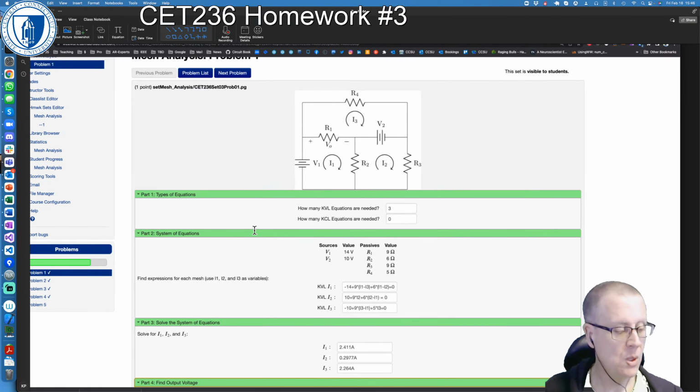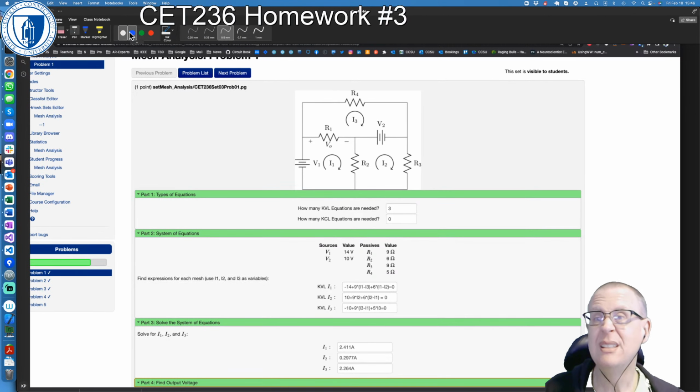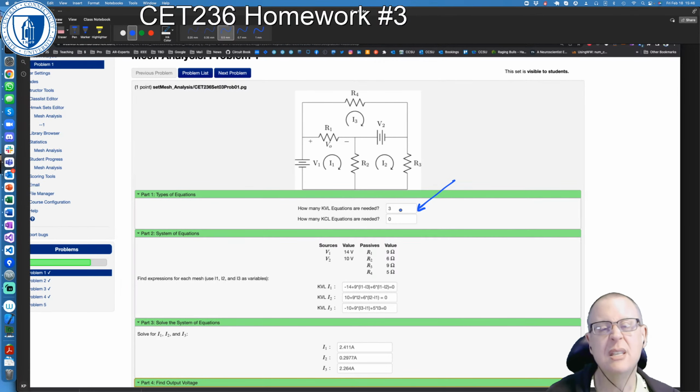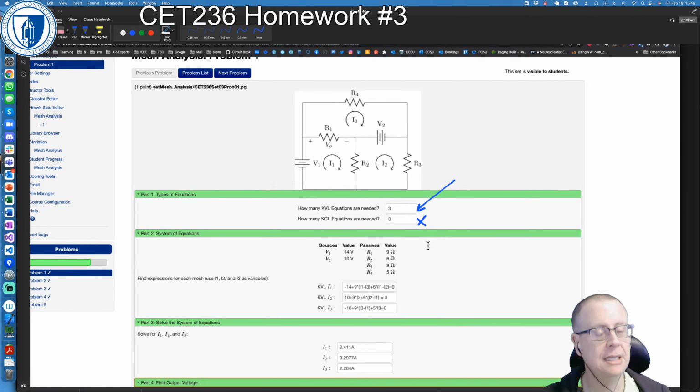So for the first one, all we need is, there are three meshes, so we need three Kirchhoff's voltage law equations and no Kirchhoff's current law equations.